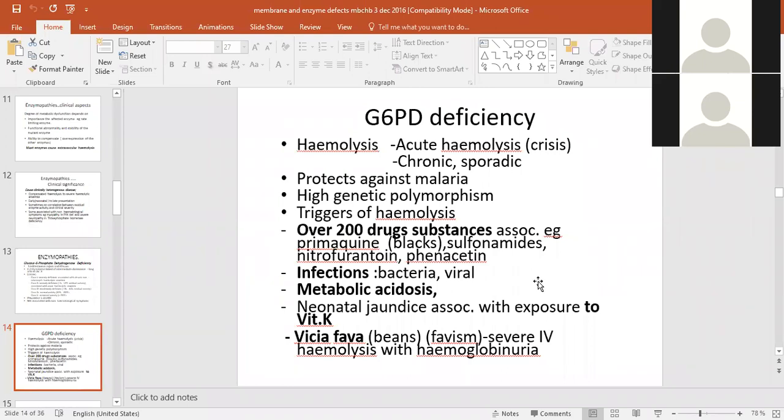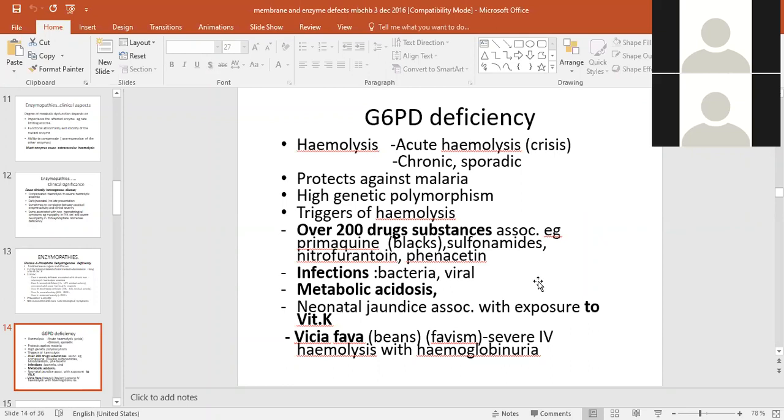Infections can also cause a hemolytic picture, and viral infections, and then patients will tend to end up with metabolic acidosis or jaundice, especially in the neonates, and even with exposure to vitamin K. Now, there are foodstuffs that have been associated with G6PD deficiency in terms of clinical presentation, and this includes Vicia faba.